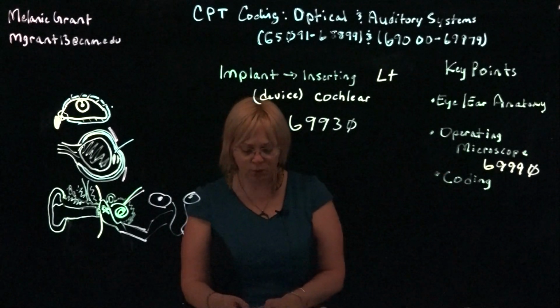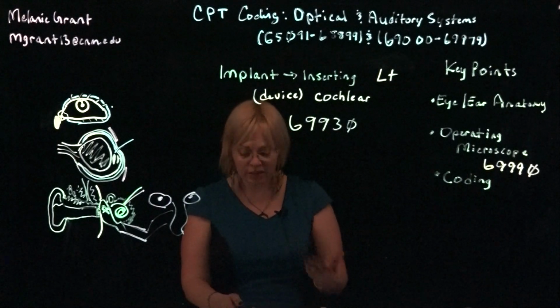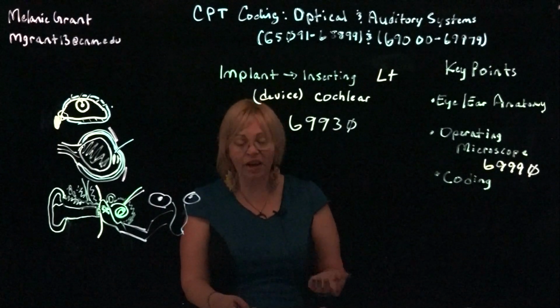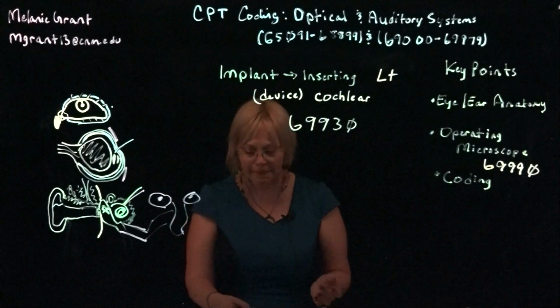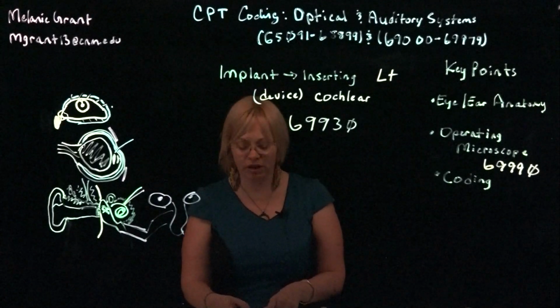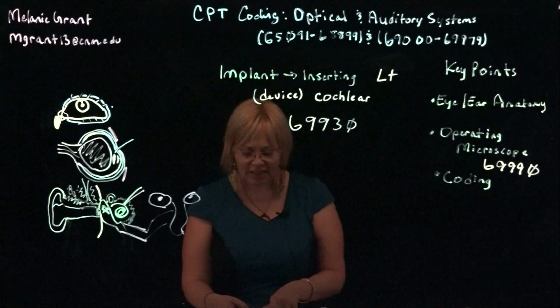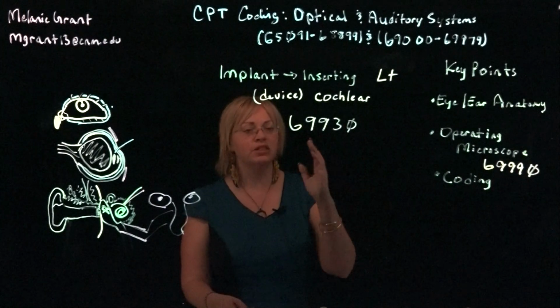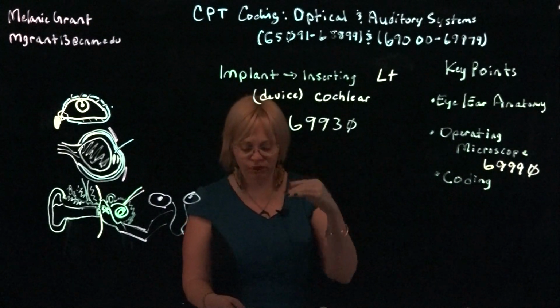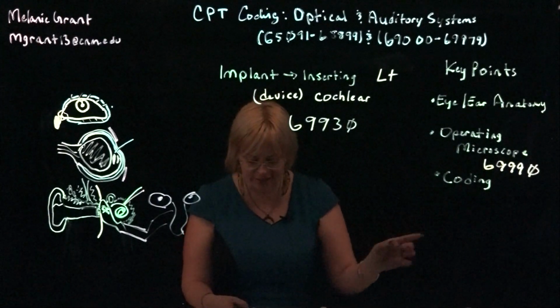It would be reported without modifier 51, meaning that it is an add-on code, and because it's an add-on code, it is modifier 51 exempt, and it also does not need a modifier 59. It's added in addition to the primary procedure performed, meaning that you're always going to have the primary procedure first, and then this as a secondary.